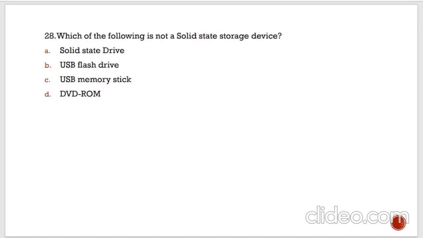Next question: which of the following is not a solid state storage device? A solid state drive is obviously a solid state storage device. USB flash drive also comes under solid state storage devices. DVD ROM is not a solid state storage device, but an optical storage device.